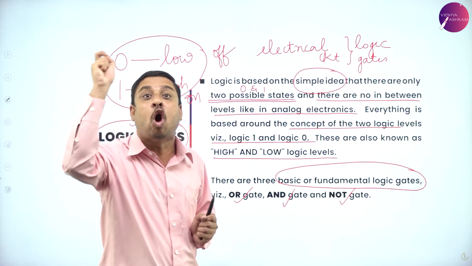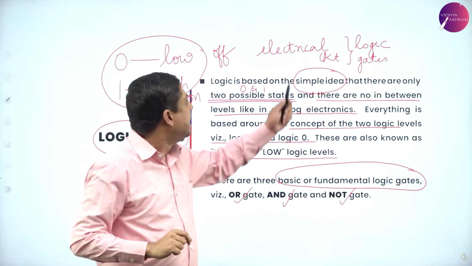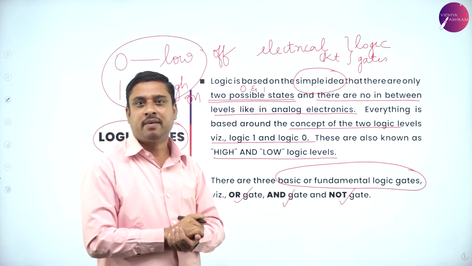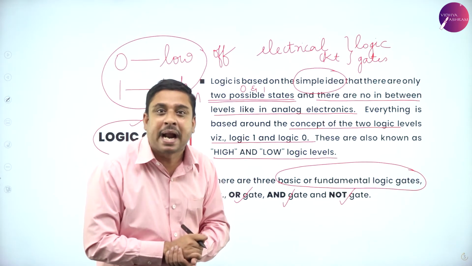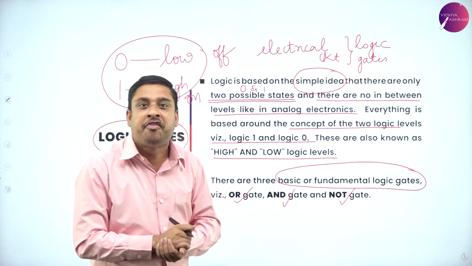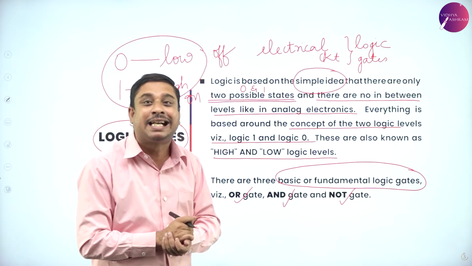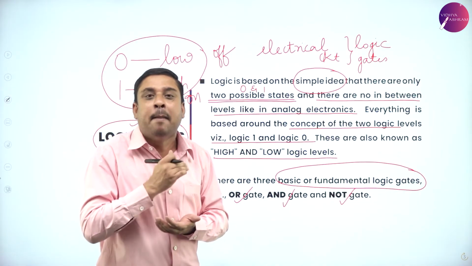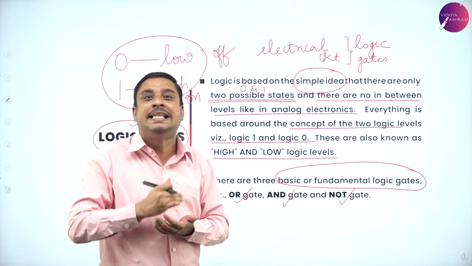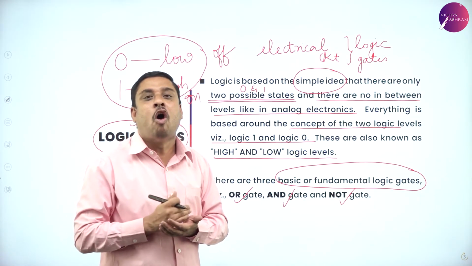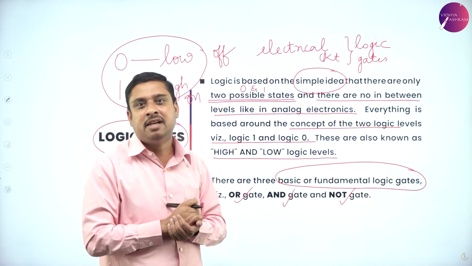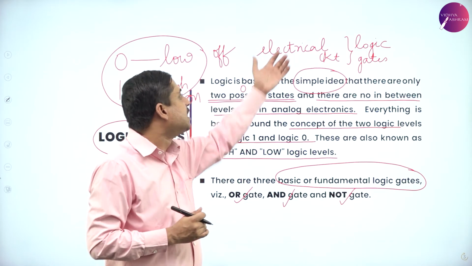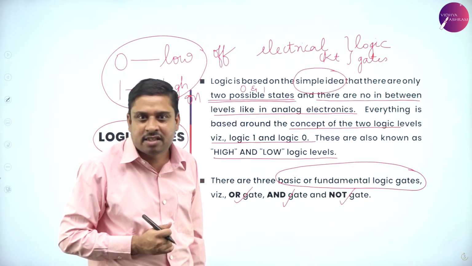And what is a logic gate? It is an electrical circuit which is comprised of the logic levels. An electrical circuit built using the zero state or the one state, the high state or the low state, is called a logic gate.